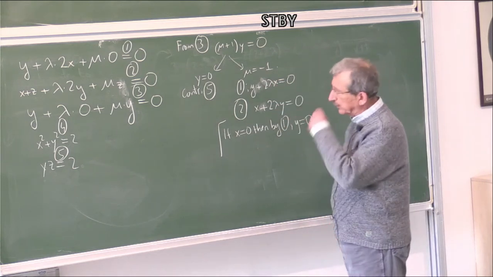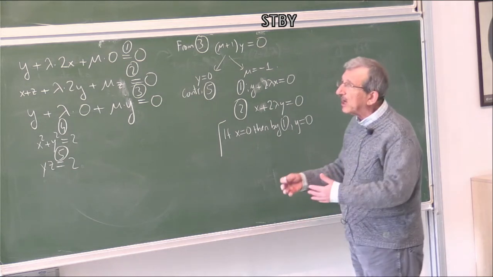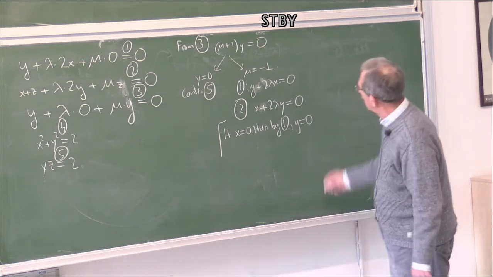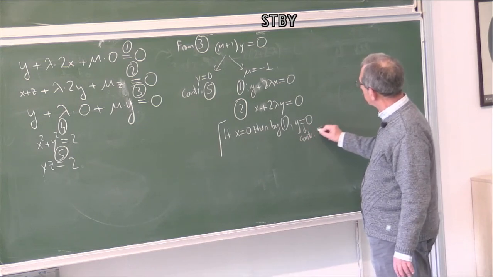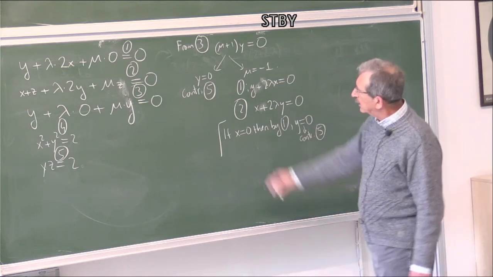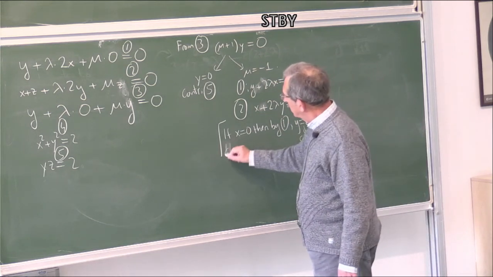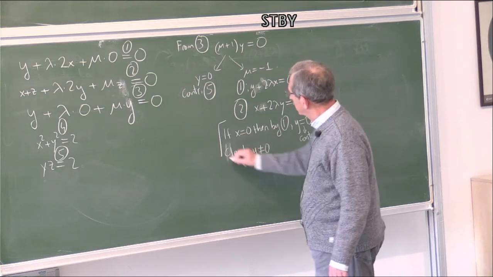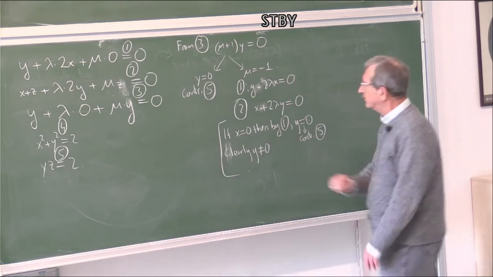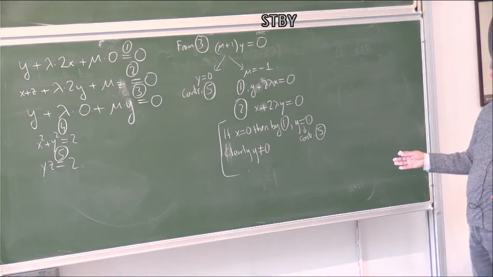So these two equations are satisfied, but y cannot be 0 because y times z is 2. This contradicts 5. So x cannot be 0. And clearly y is not 0, because of this condition. So it says that x and y cannot be 0.